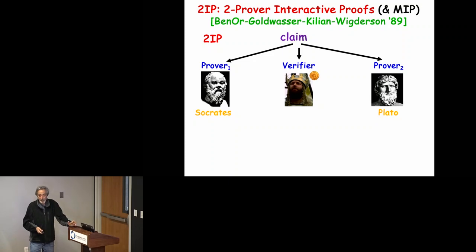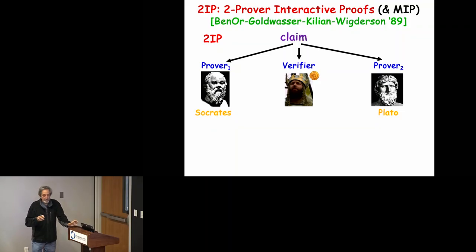It's just like before. We insist on the usual things of completeness and soundness, and the interaction is limited in the following way. There is a claim well known to all these parties that some element is in some set.